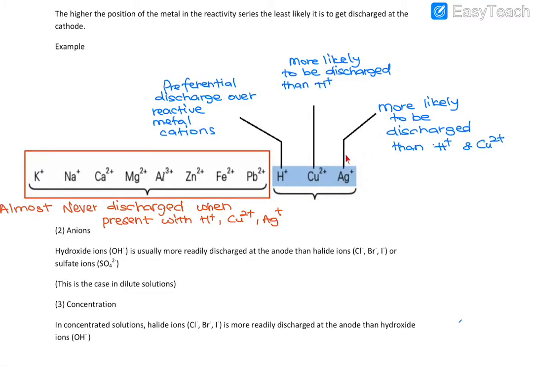And these cations, which are less reactive, are going to be preferentially discharged rather than these cations of reactive metals. So H+ is preferentially discharged over all of these. Ca2+ is preferentially discharged over H+ and all of these. Ag+ is preferentially discharged over H+, over Ca2+ and over all of these.